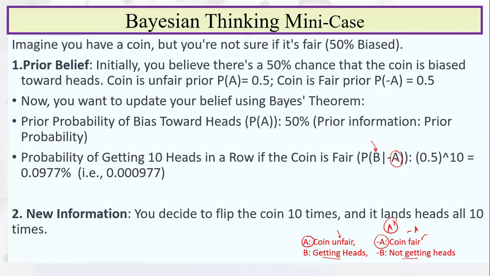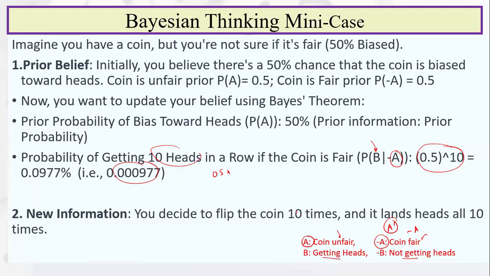Getting heads is 0.5 if it is a fair coin. So 10 times you get heads in a row, and all the experiments are independent of each other. So 0.5 multiplied by 0.5 multiplied by 0.5, like that 10 times, so 0.5 to the power of 10. That is the probability of getting 10 heads in a row, given that it is a fair coin.